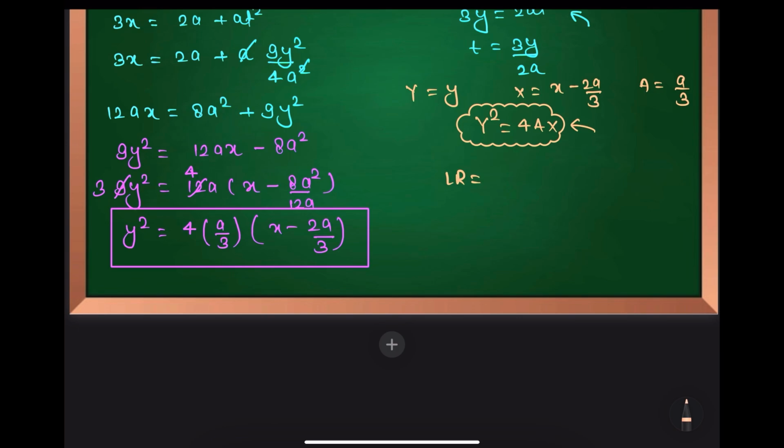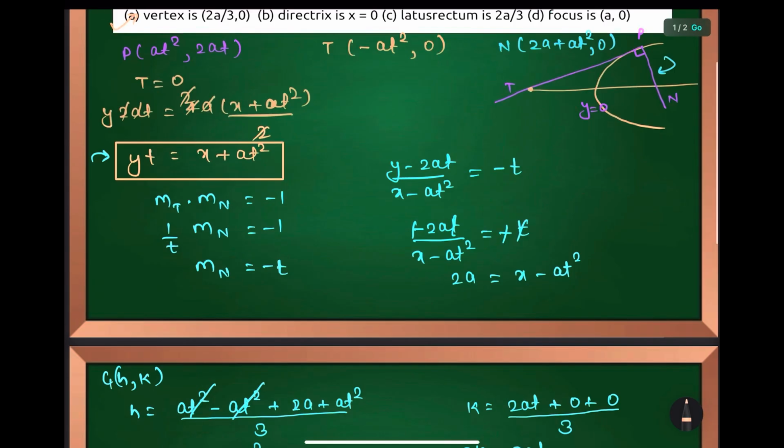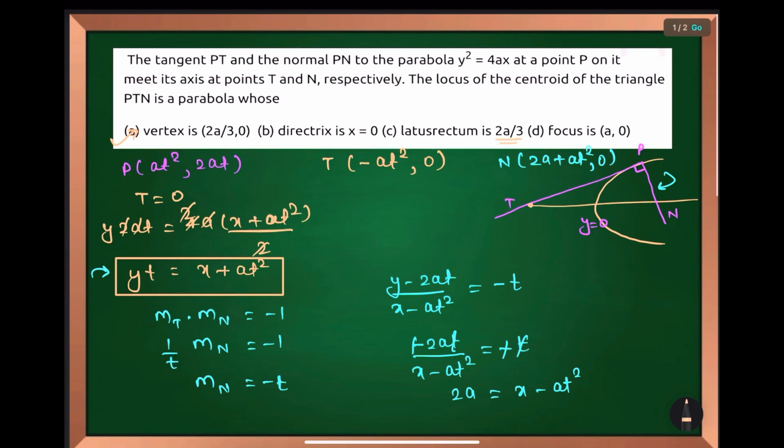So if x is a, y square is 4a square, so y will be 2a or minus 2a, so the answer is 4a, correct? Length of latus rectum will be 4a, but a here is a by 3, so 4a by 3. So the length of the latus rectum is 4a by 3, but they have given 2a by 3, so that is wrong, correct?